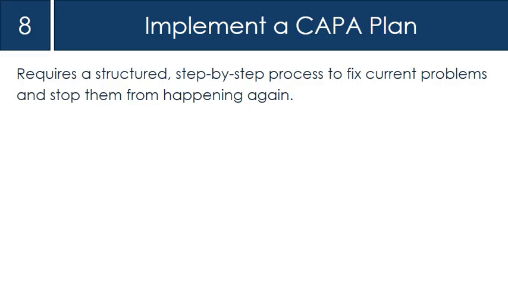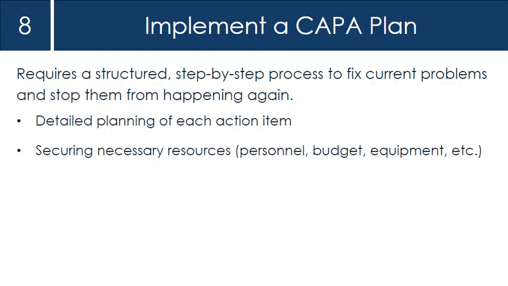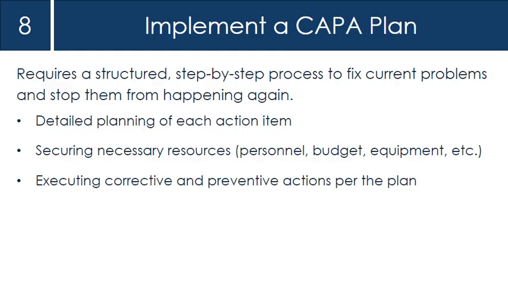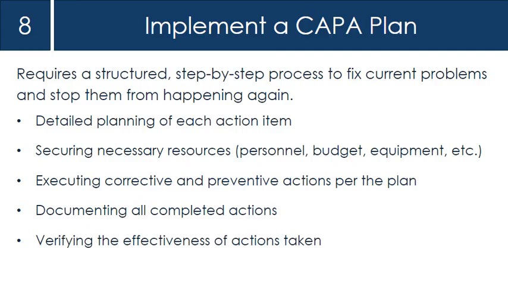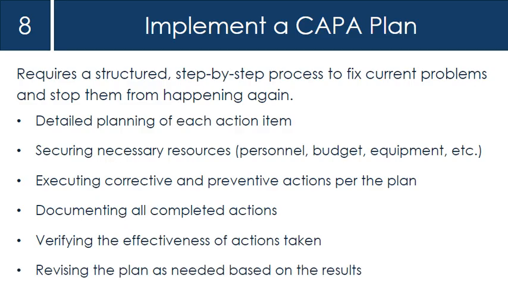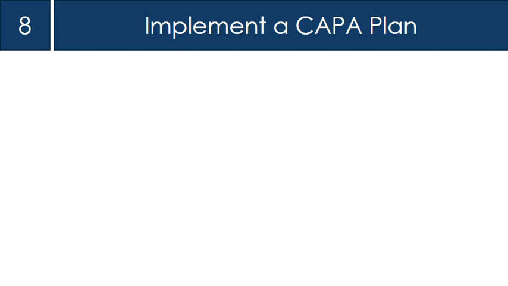Key steps include detailed planning of each action item, securing necessary resources, such as personnel, budget, equipment, etc., executing corrective and preventive actions per the plan, documenting all completed actions, verifying the effectiveness of actions taken, and revising the plan as needed based on the results.